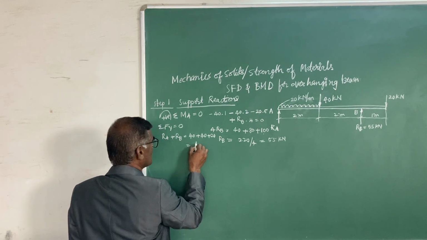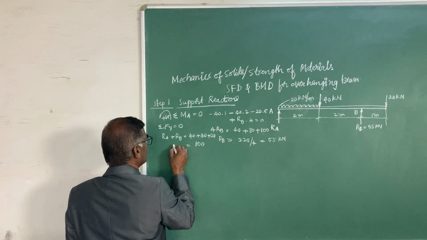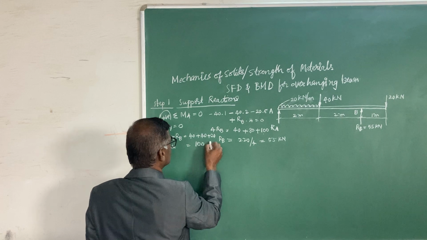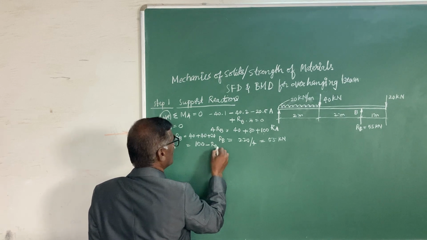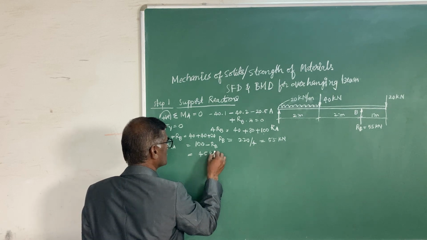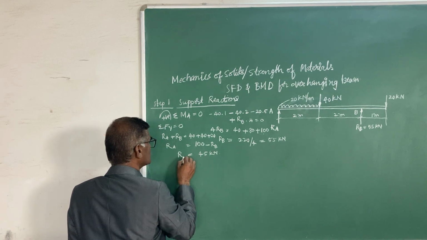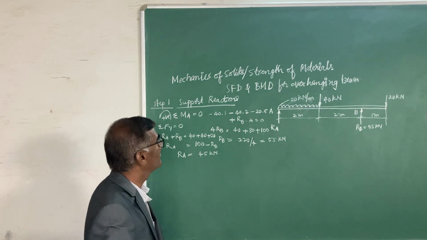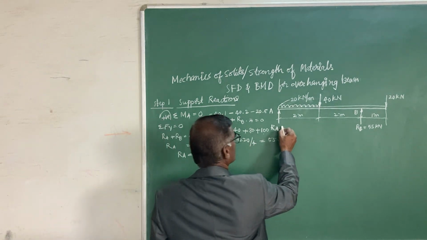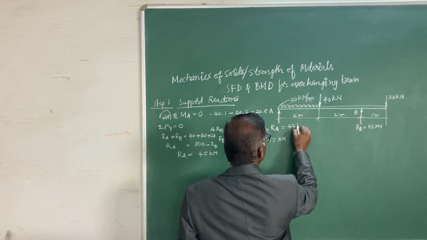So this becomes 100, and your RA equals this minus RB. RB you got as 55, so it is 45 kilonewtons. So this is the very first type of problem with an overhanging beam as well as a simply supported beam. You got RA as 45 kilonewtons.